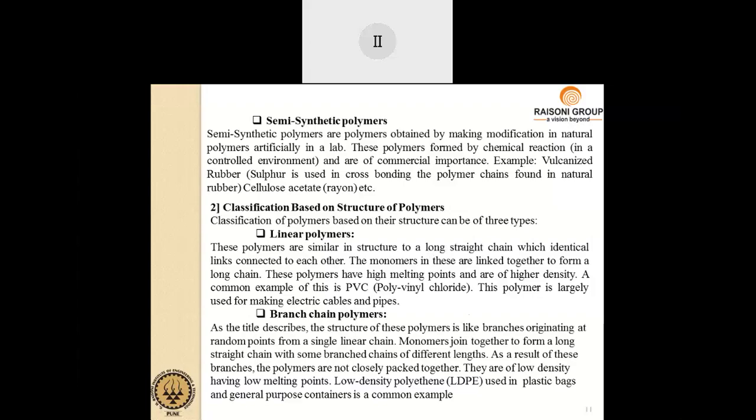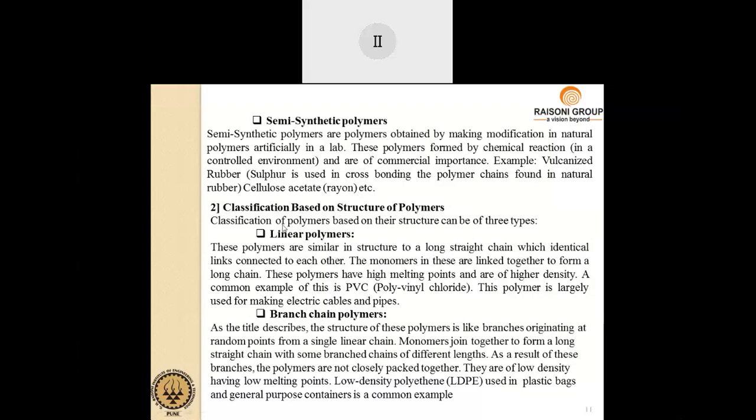We process that rubber and put it through different chemical reactions, and then this natural polymer becomes vulcanized rubber. So this is a semi-synthetic polymer, where we do some modification of our natural polymers.